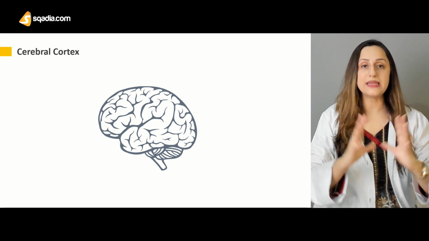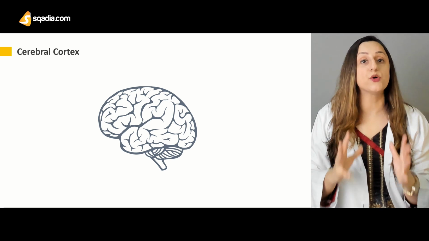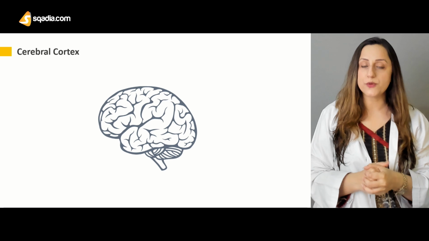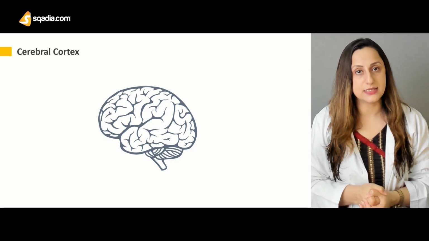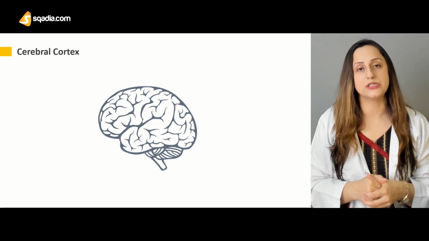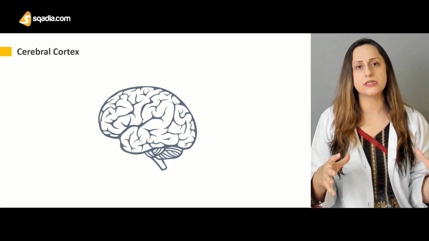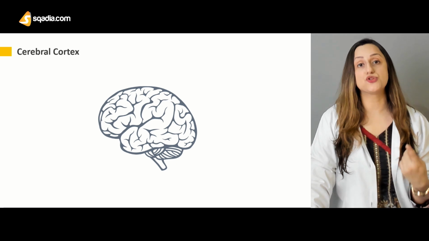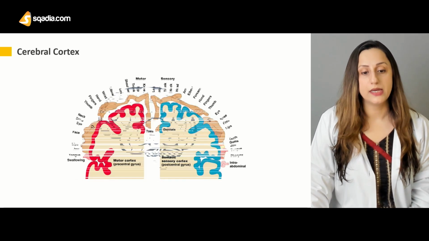They are the radiating fibers, and that is why the name corona radiata is given to them. They collect the information from the different cortical areas and send it towards the subcortical regions that we'll be studying in detail, depending upon which tract we are going to apply that on.